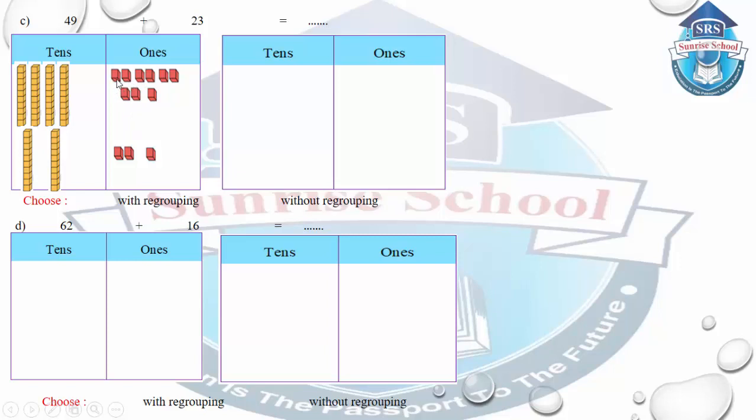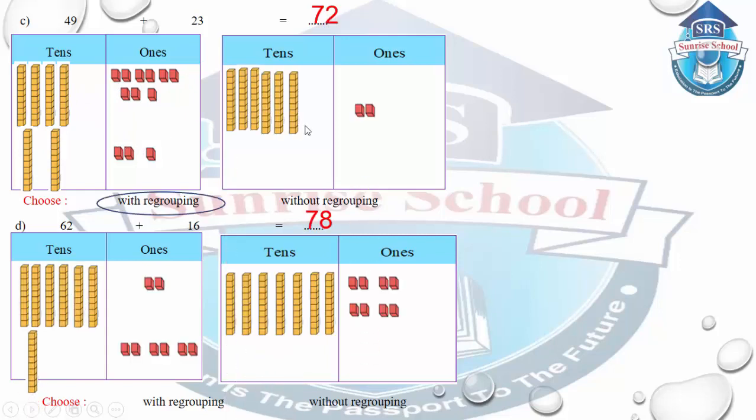Count with me: 1, 2, 3, 4, 5, 6, 7, 8, 9, 10. There is a 10, so I regroup it. 10 squares convert into one bar, and the rest will be 2 small squares. So the result here will be 72.